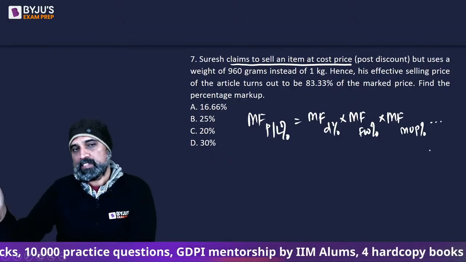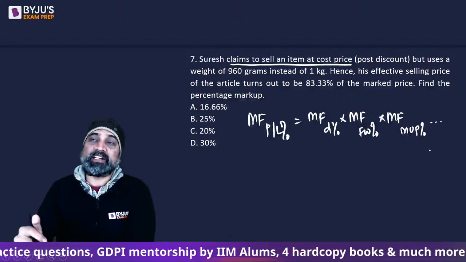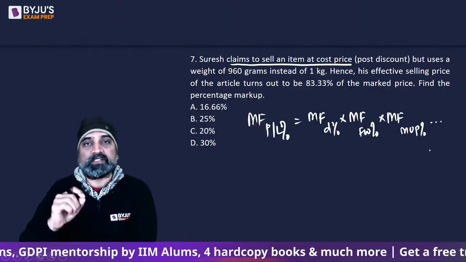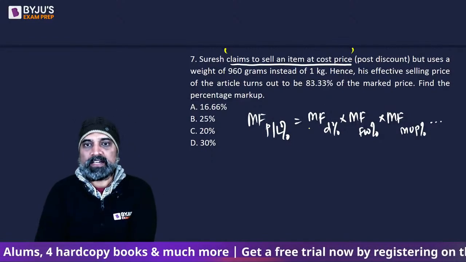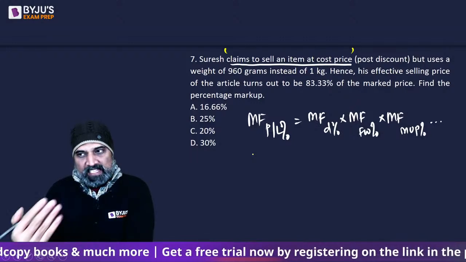So the successive percentage changes of everything done by a shopkeeper eventually result in his overall profit or loss percentage.